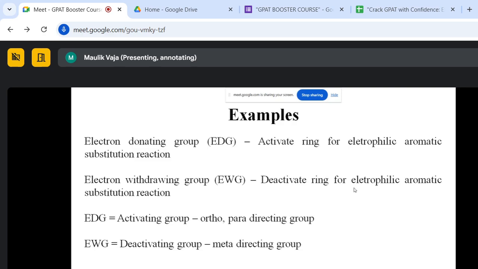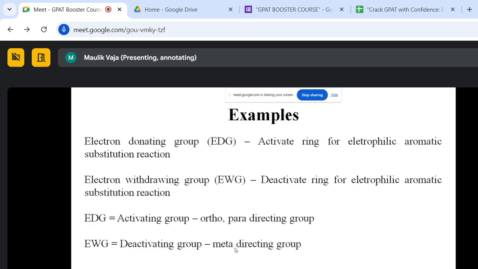An electron withdrawing group withdraws electrons. The electrophile will come, but not like with benzene, so it is a deactivating group. Now remember this: an electron donating group is an activating group and it is an ortho-para directing group. An electron withdrawing group is a deactivating group and it is a meta directing group.